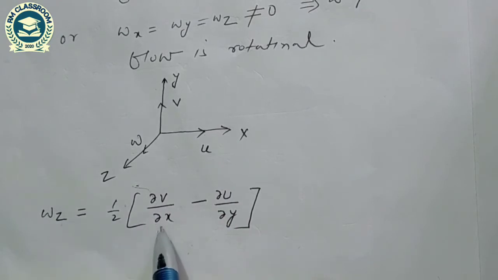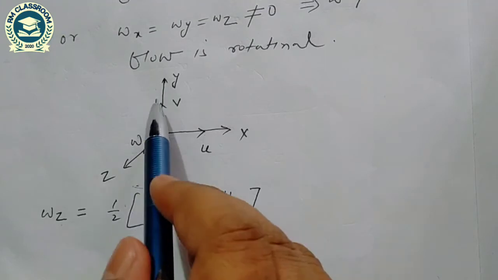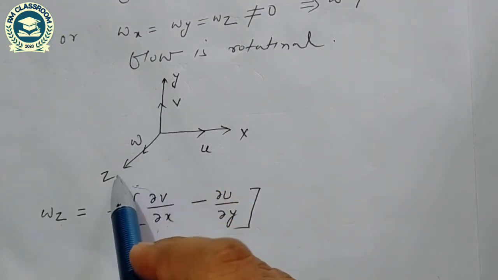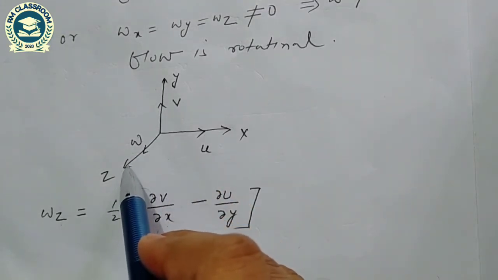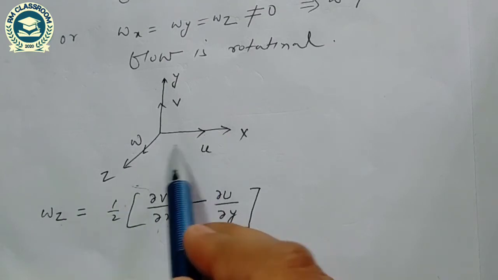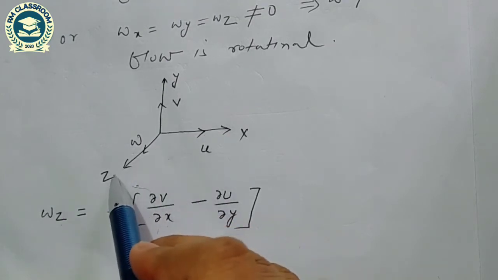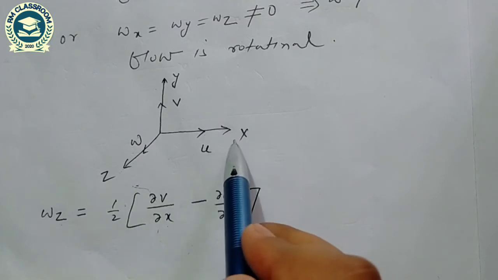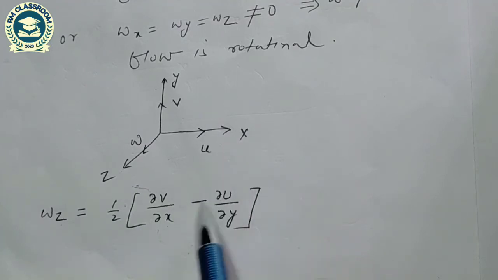Once you have considered v, the component of velocity in z direction you don't have to consider, but after z it is x, you have to consider, and after x you have to consider y.